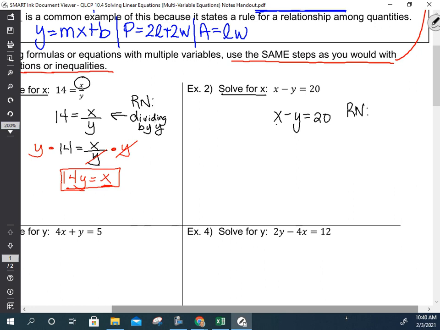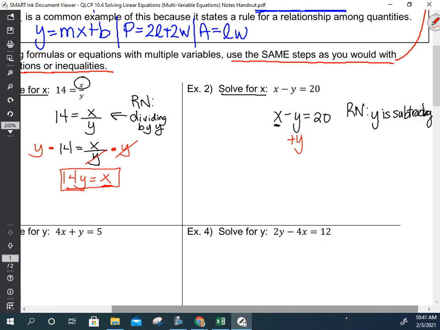Well, it's already subtraction. So right now, y is subtracting. So that means to get rid of it, you're going to add. So you figure out what it's doing now so that you do the opposite.